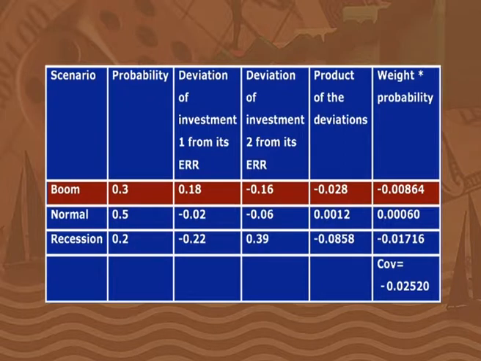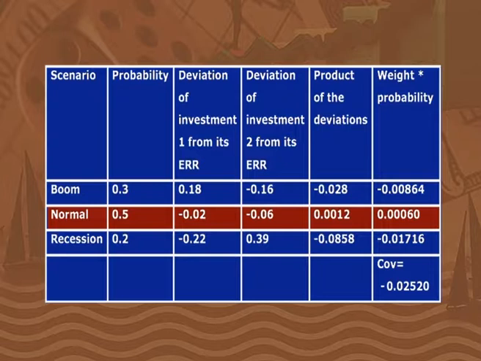The deviation of investment 2 from its expected rate of return is minus 0.16. The product of the deviations will be minus 0.028. Weight multiplied by the probability will be minus 0.00864.